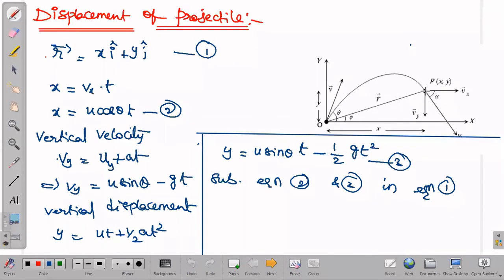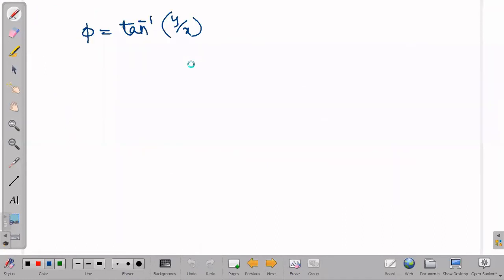So from here, tan phi is the vertical component by horizontal component, opposite side by adjacent side, and phi is tan inverse of y by x, that is what I have written here. Now y component and x component we just solved in the previous step itself.